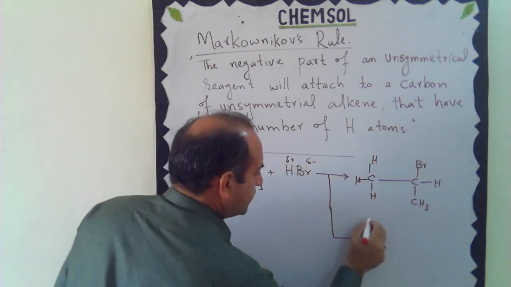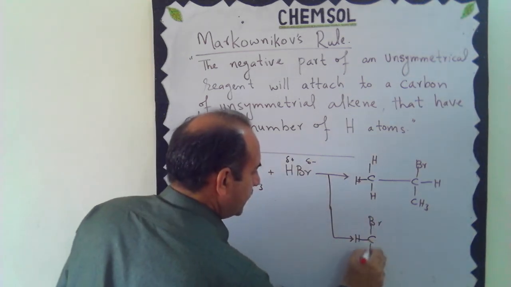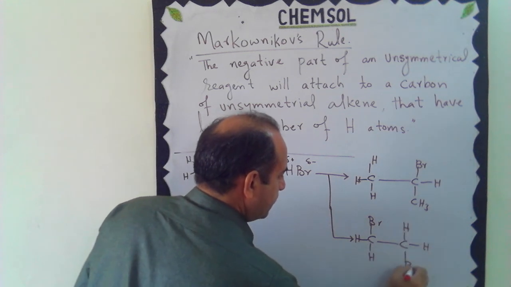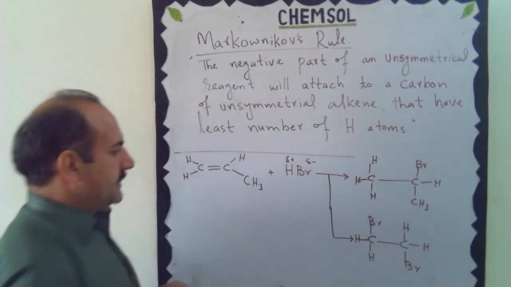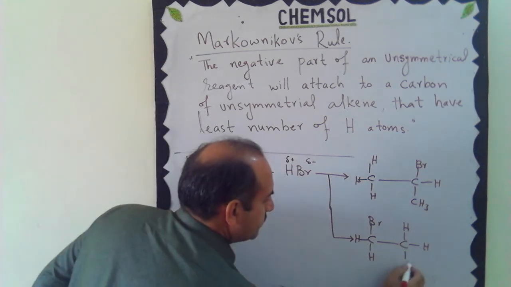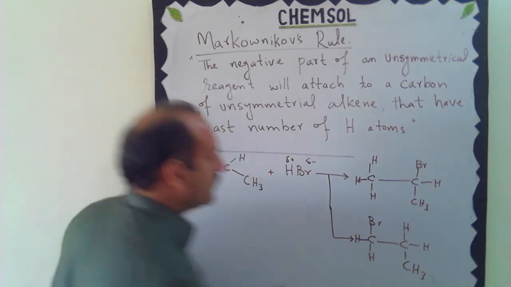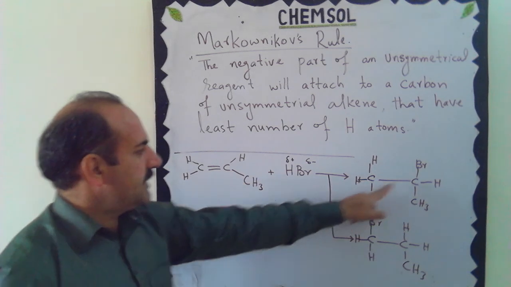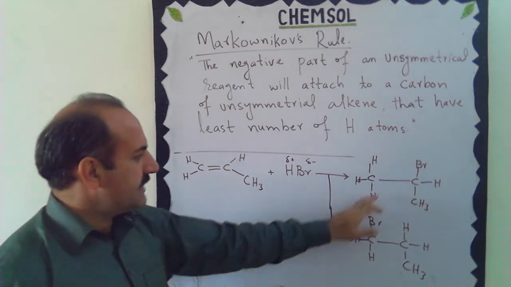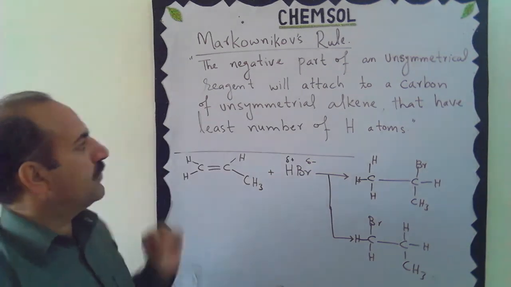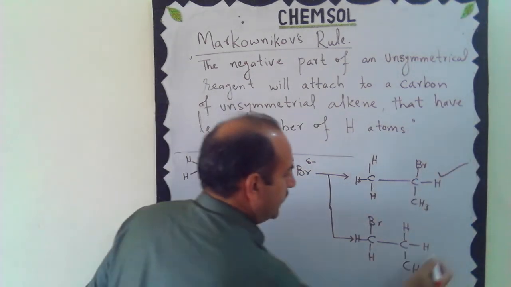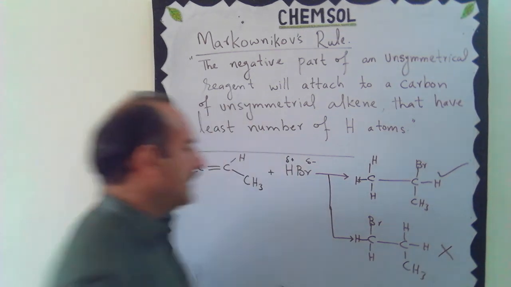So we can get CH2BrCH2CH3. This is called 1-bromopropane, while this one is called 2-bromopropane. Either we will get this one or this one. So according to Markovnikov, we will get this compound. This will be the major compound and this will be the minor one.